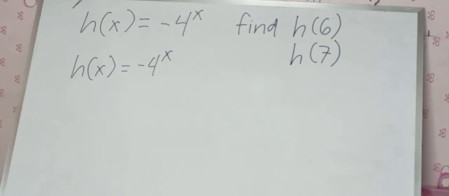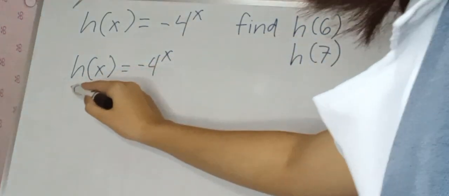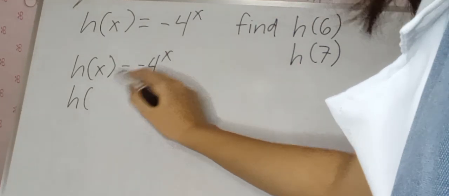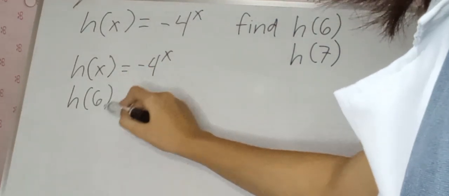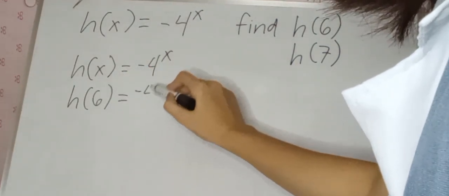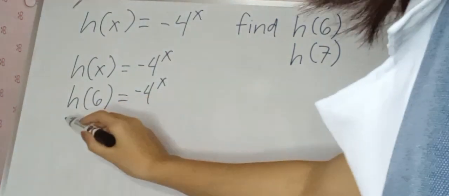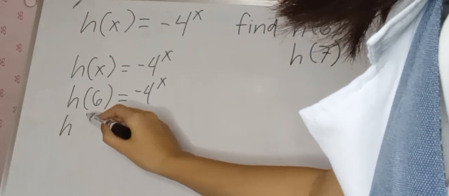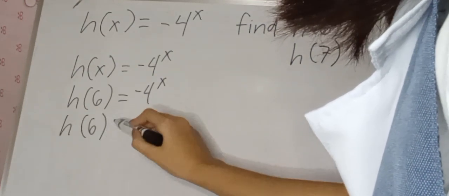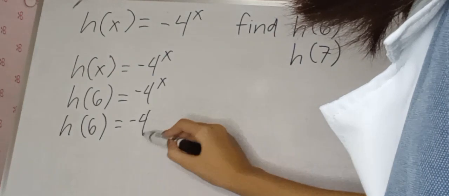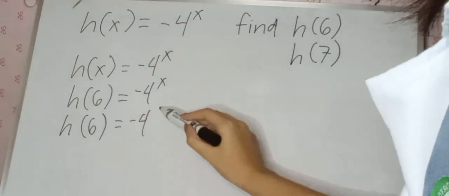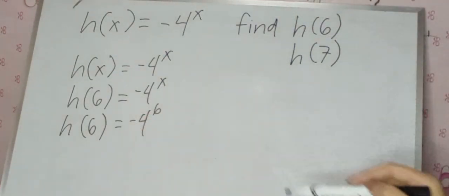Now, ang una nating hinahanap is yung 6. So, ilalagay natin siya dito sa parenthesis. h(6) equals to negative 4^x. Next step is to write it again. h(6), negative 4 and yung x ay magiging 6.